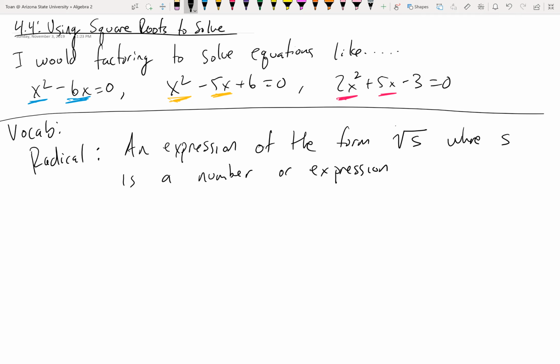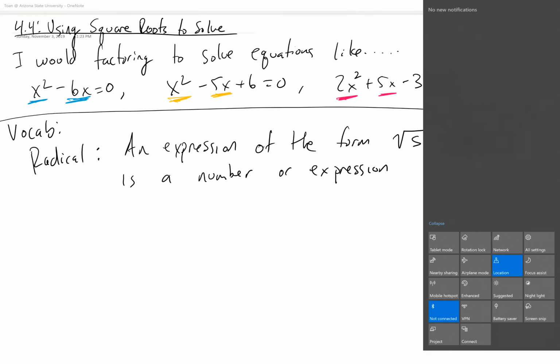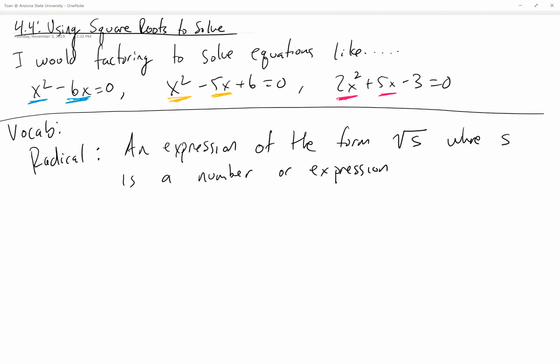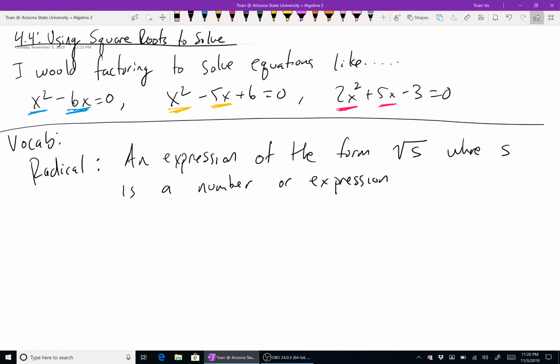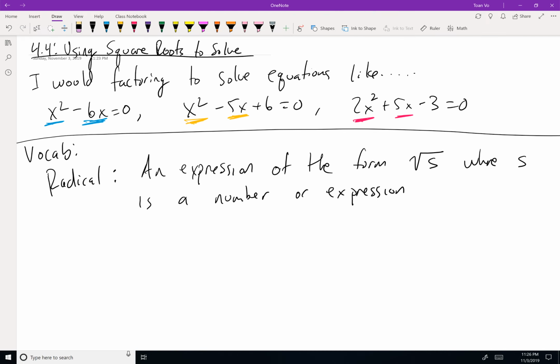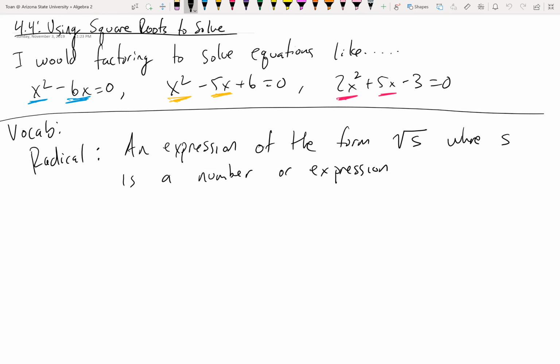In this definition, I used a square root, but it could be a cube root, a fourth root, a fifth root, whatever. What we call a radical is this whole symbol here. So any expression that has that symbol, we call it a radical.